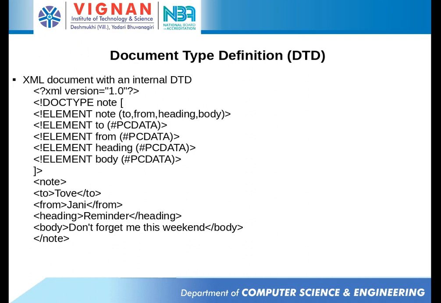To is a text holding element, so directly parsable character data, and from is again a text node, PCDATA, heading is a text node, PCDATA, body is a text element, it's PCDATA, and then close of the structural rules followed by the normal XML document. So that's how generally we write rules for a DTD.